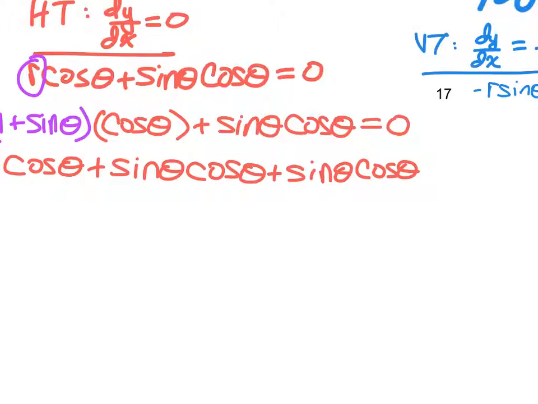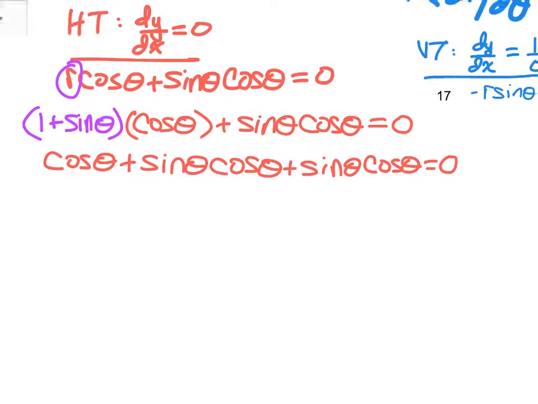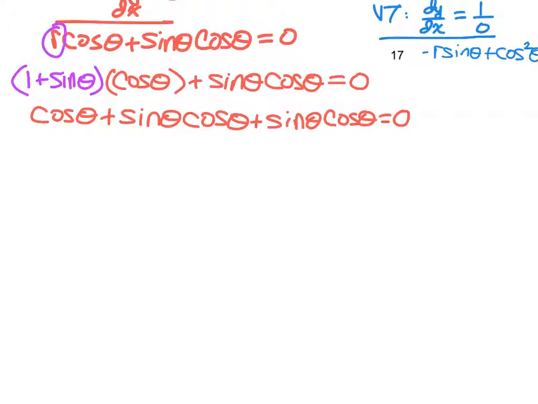Now, as it turns out, I don't want to say that this is an unnecessary step, but sometimes you've got to do a step to realize that the step isn't necessarily the best way to go about doing it, because it's at this point where you realize, hopefully, that we have like terms, you can combine them. So we would have cosine plus 2 sine theta cosine theta.